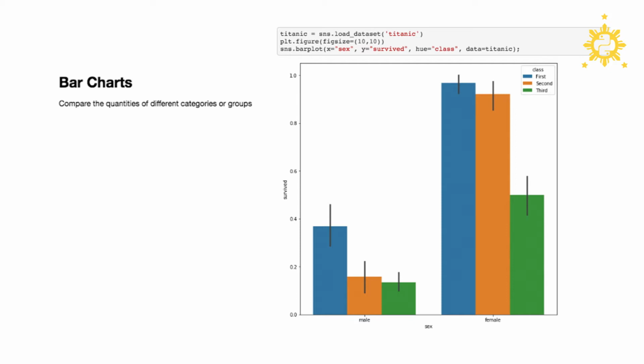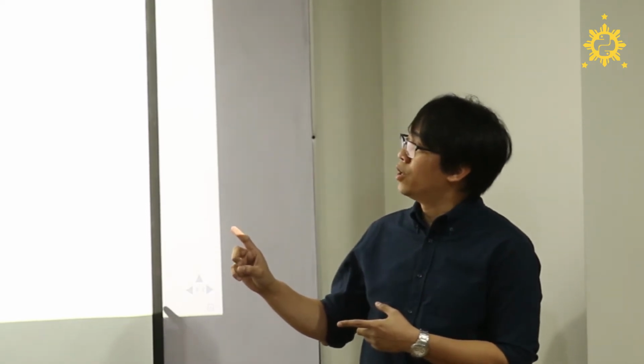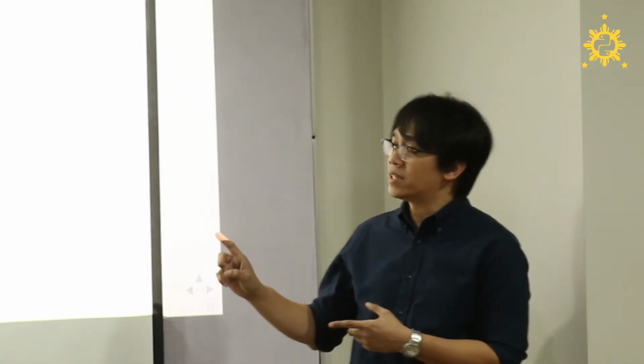This is the same dataset, and I've just plotted here using a single function the number of survivors, whether male or female, and the different steerage classes that they were in. So apparently, if you're a rich female, you have the best chances of surviving the Titanic disaster.